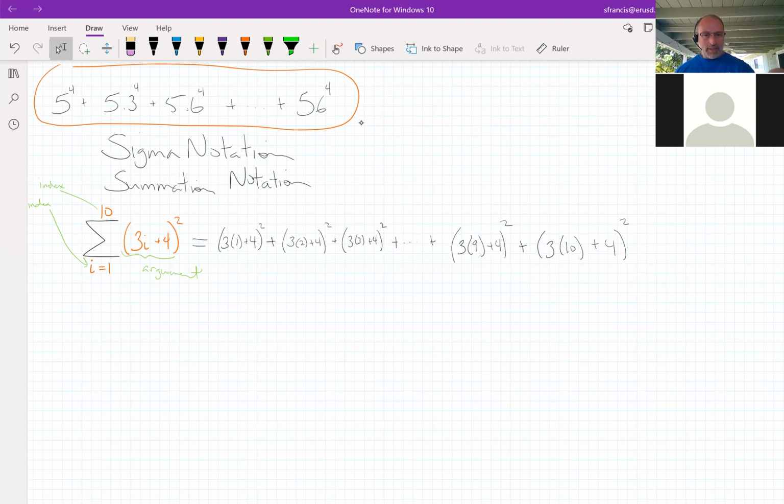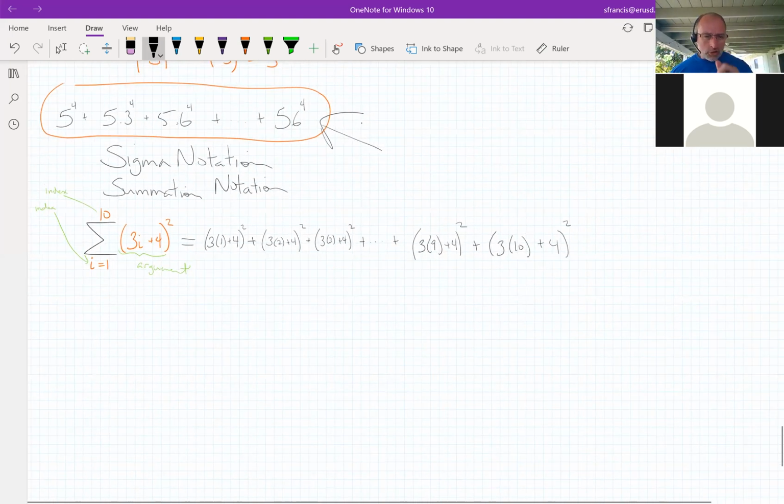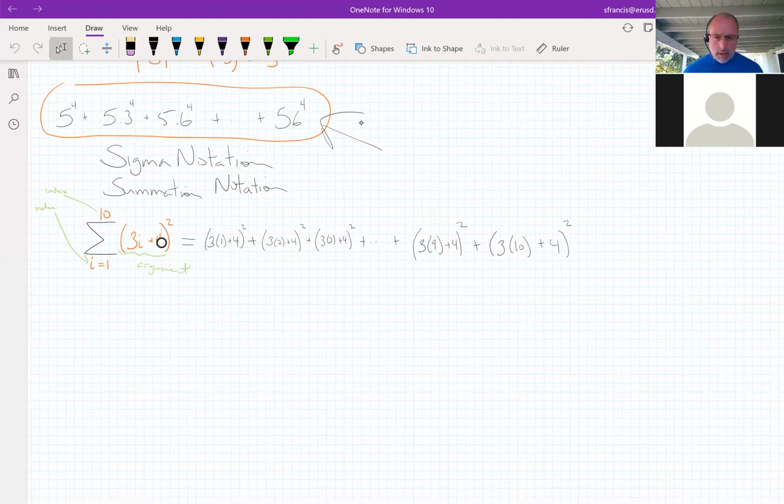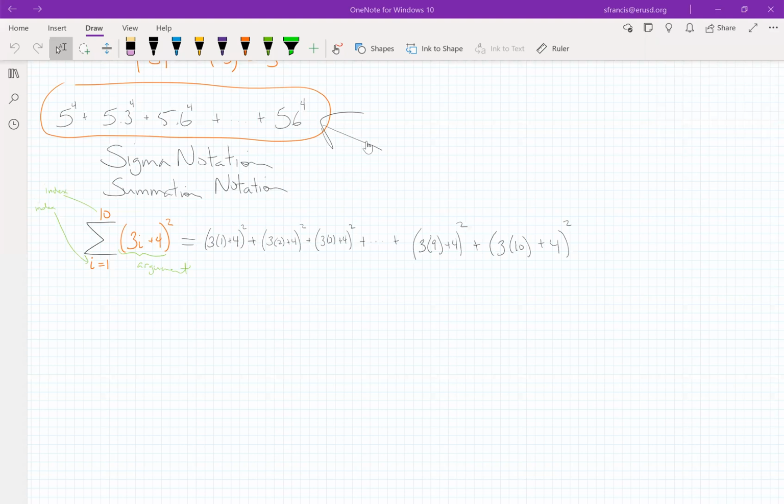Now, what if we already had something that was written out like up here and we wanted to write it in sigma notation or summation notation? Well, let's go figure out how we can do that. Actually, you know what? I'm going to pause for a moment. In my brain, I'm thinking maybe we need to do one more example of expanding first. Oh, I got some practice expanding in the Desmos activity.